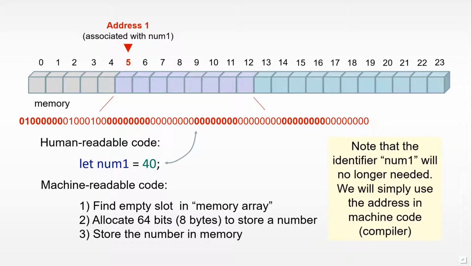So note that our num1 identifier that we used in our human readable code was in fact not needed anymore. As far as the computer is concerned, it can do everything that it needs to do by only looking at the address and then the chunk of memory associated with it so that it can retrieve a value.